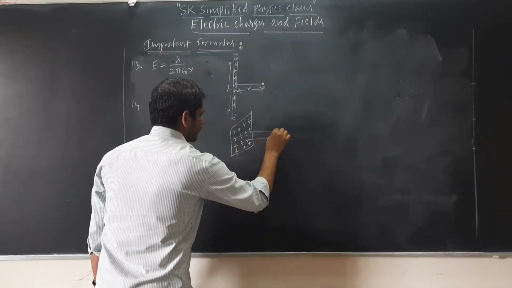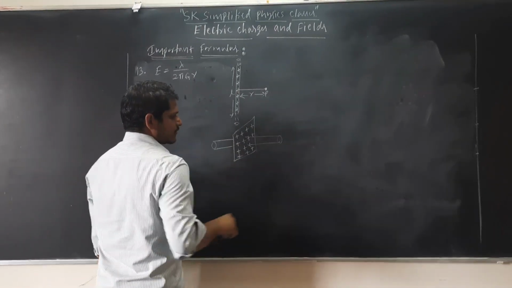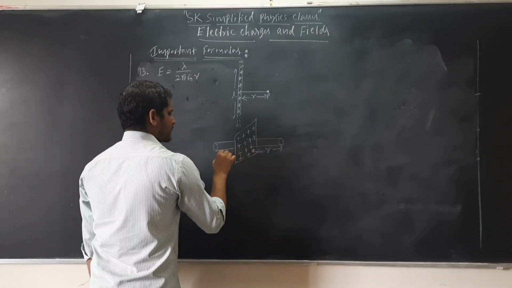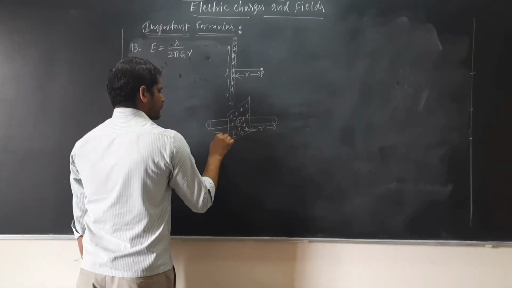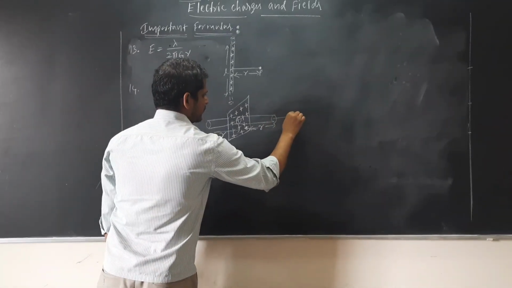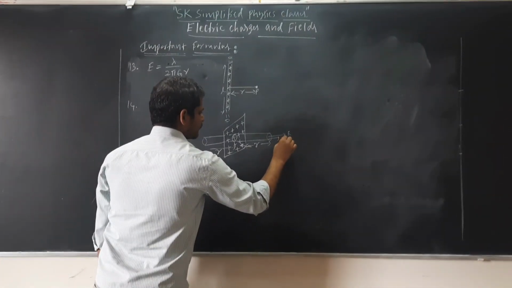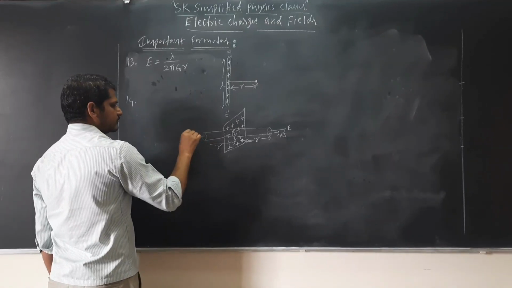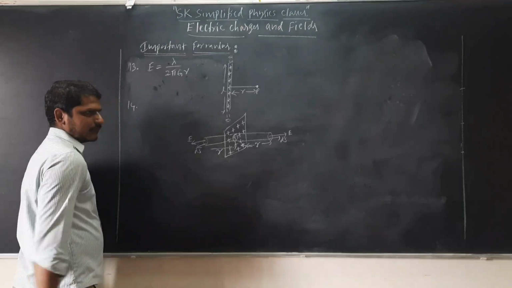We have to imagine a Gaussian cylinder on both surfaces. This is the distance R, at which the electric field and area vector are both in the same direction.